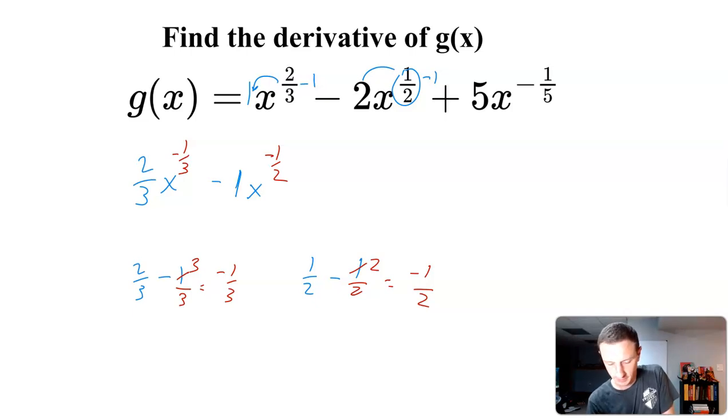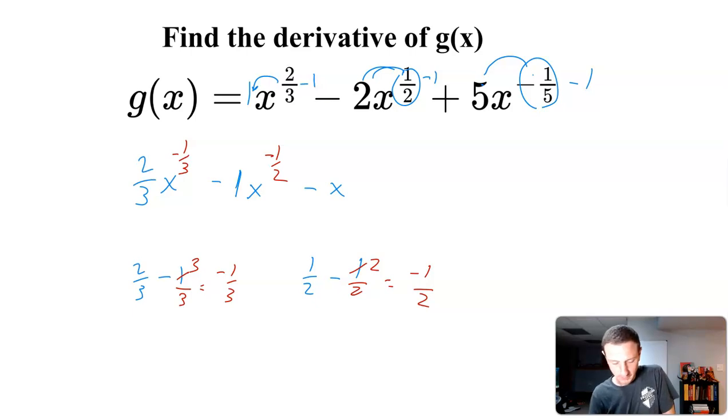And then we have negative 1/5 times 5. That works out pretty nice because 5 over 5 is 1, so we just get negative 1x. Same thing with the 1/2 times 2. That just became 1. So that's going to become negative 1, because the 5 was positive and the 1/5 was negative. So negative 1. And then we are subtracting 1 from the exponent, so let's do that off to the side.